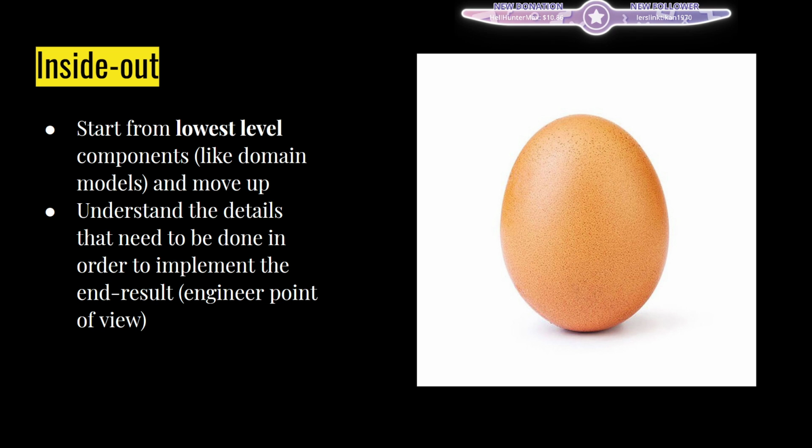Lowest level components, and in domain-driven design, that is models, do not require complex dependencies. In fact, they often don't require any dependencies. And the benefit of having inside-out design, starting from the lowest level and moving to higher levels, is that you do not have to care about dependencies because there aren't any in the context of what you're working with.